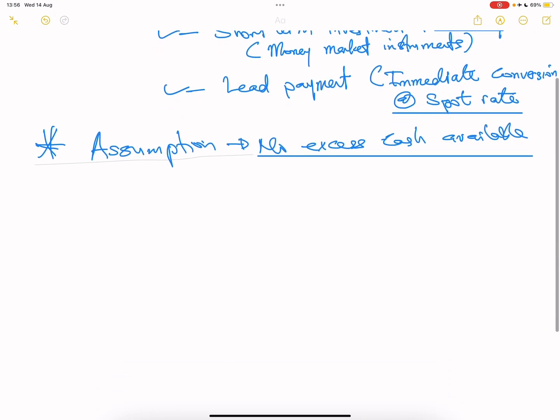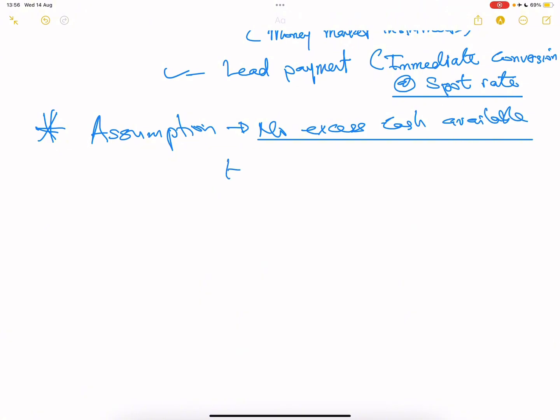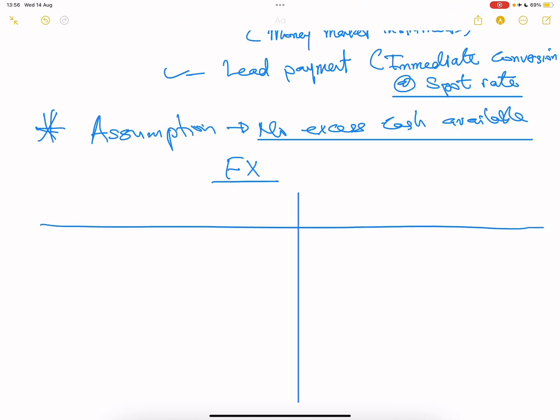So I will break it down into two for you. You remember we are dealing with FX, foreign currency. So it's always either you are paying FX or you are going to receive FX. There are always two circumstances. It can never go beyond this. It's either you are receiving FX in the future or you are paying FX in the future. So you have that exposure, and that's the exposure you want to manage using money market hedge.